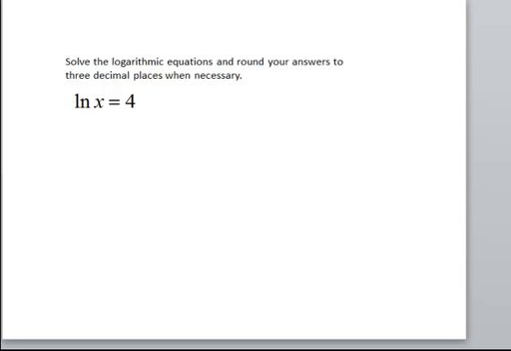Okay, now we're going to look at solving logarithmic equations. Again, there are many different types that you would come across in a college algebra class. And here, I'm more or less only concerned with one type of logarithmic equation. So that's the type we're going to focus on here. Remember that the natural log is log base e.